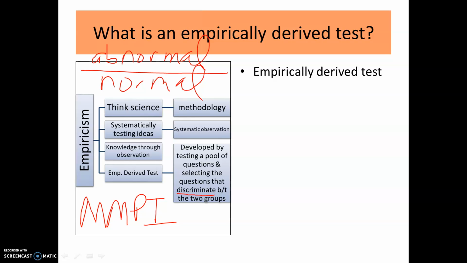He had already designed a large group of questions, and what he wanted to do was give this almost like a battery of tests, hundreds of questions, to people who he had already labeled. So the key here is the people are already categorized, as normal or abnormal, and then he gives the test to them.